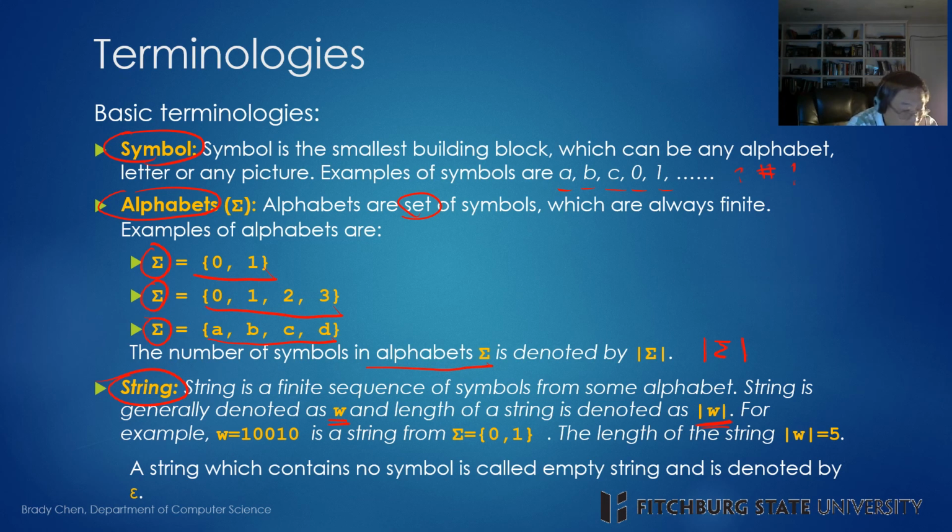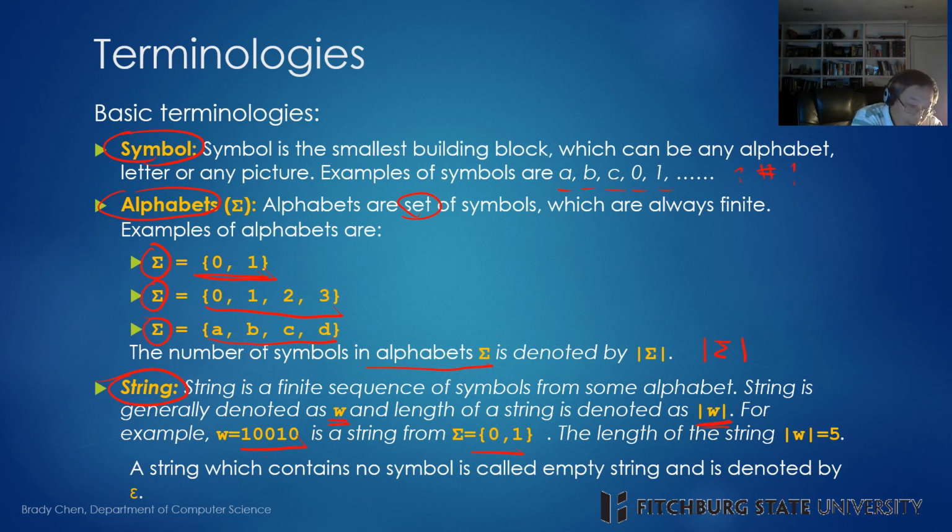For example, we can use W to represent the string 10010. This string is created from symbols of the alphabet 0 and 1.